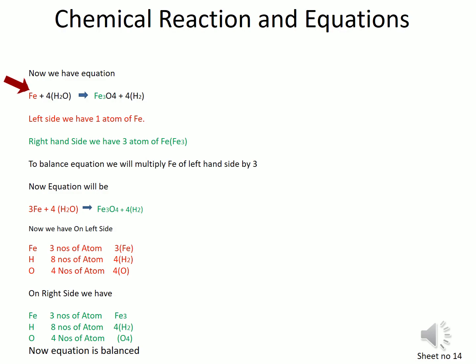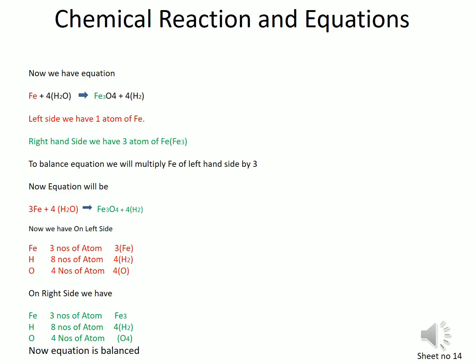Now we have the equation Fe plus 4H2O is equal to Fe3O4 plus 4H2. Again I have highlighted the left side with red color and the right hand side with green color so that we can see the difference. Now at the left side we have only one Fe, and on the right hand side we have 3 Fe.